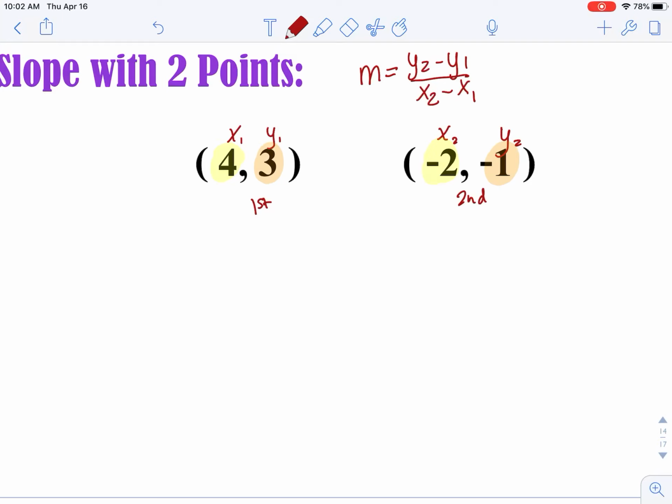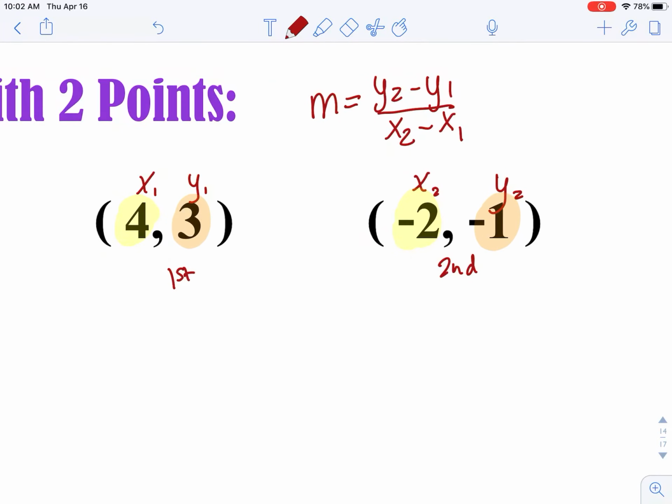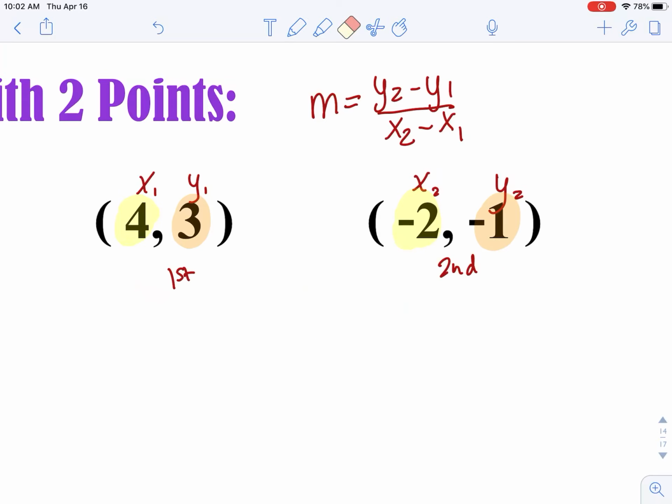So what I'm going to do is plug these in to the correct spot. Now remember, like I said, if these are your first coordinate, that's your x1, y1. If this is your second coordinate, that's your x2, y2. You can never put x1 and y2 together, because you would be saying that's there and that's there. And 4 comma negative 1 is not the point.